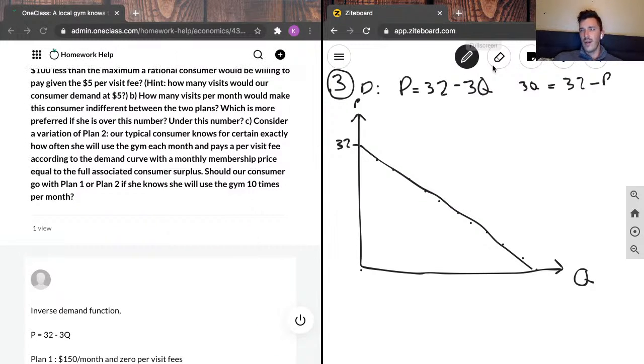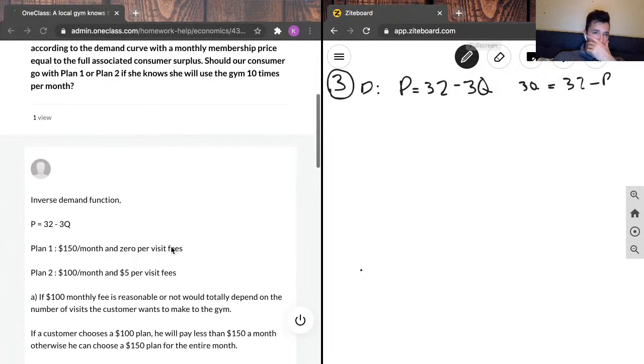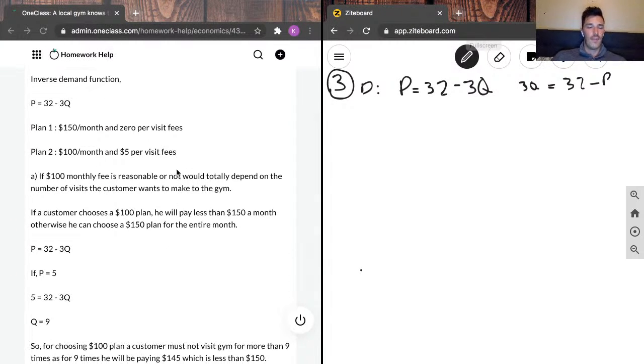Oh, it's per visit. I understand. I apologize for the confusion. So, plan 2 here, if there's a $5 per visit fee, then P is going to equal 5. So we can say P equals 5.